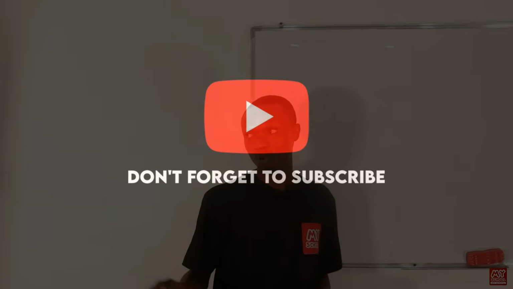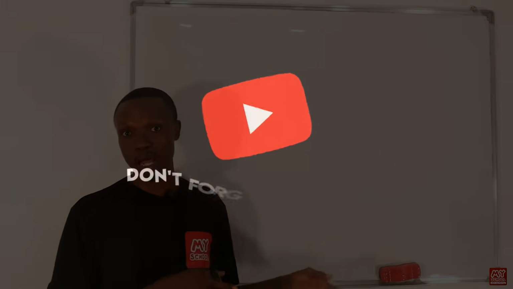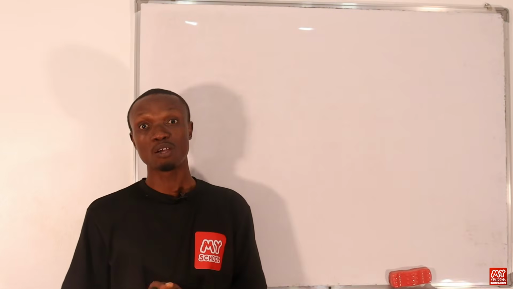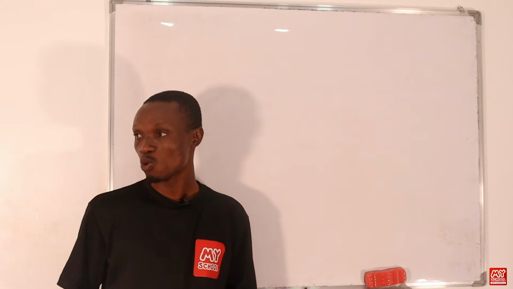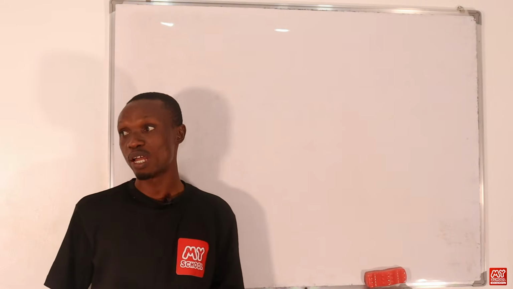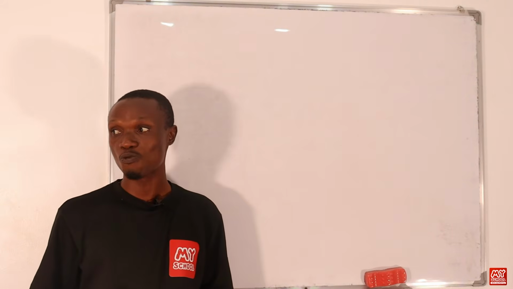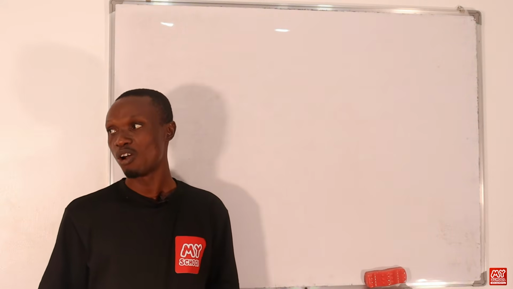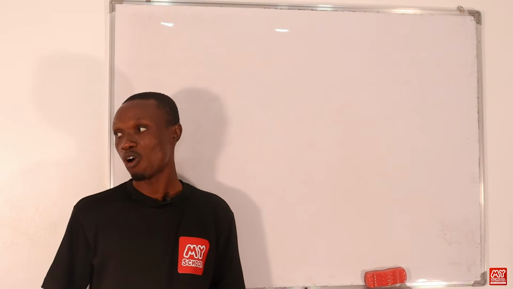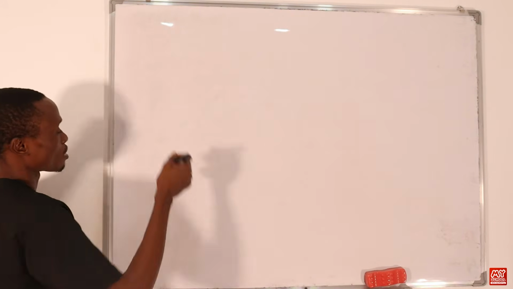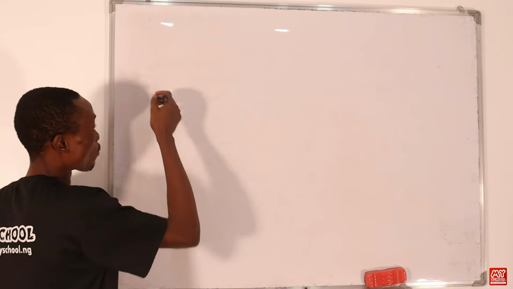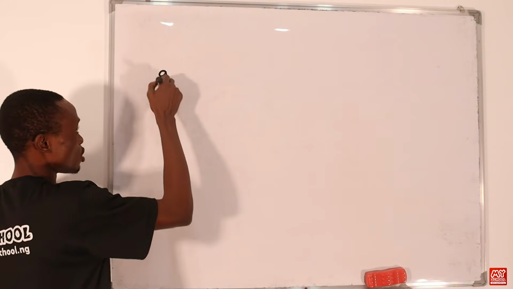The essence of these examples is so that we can see how to use those formulas in solving simple problems. In this question, we are asked to express the acceleration of free fall due to gravity of the body in terms of g. So we say let the acceleration due to gravity of the body be given as g prime.